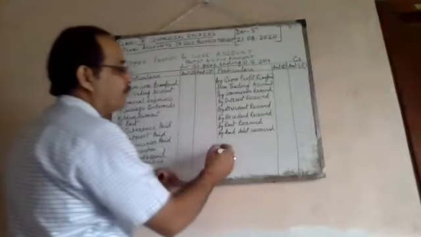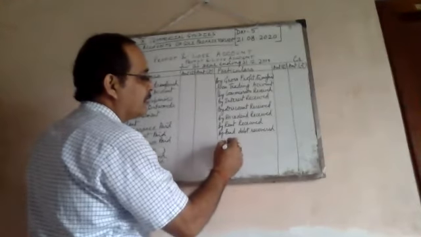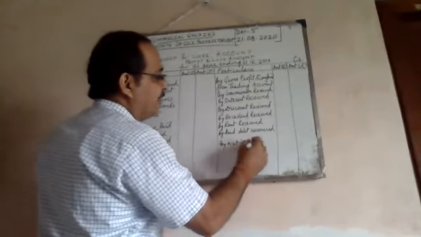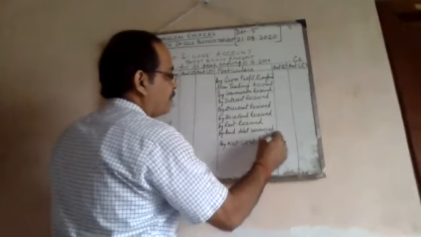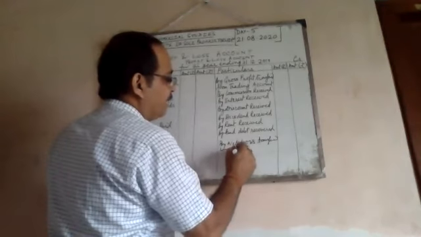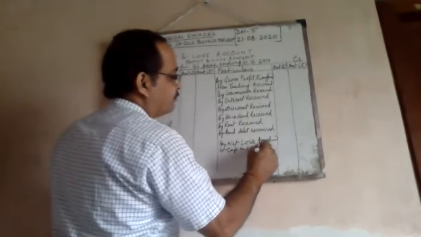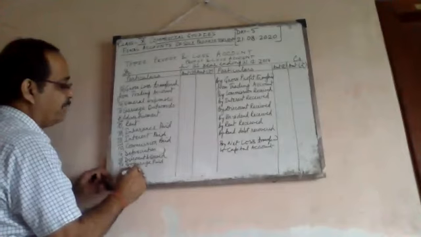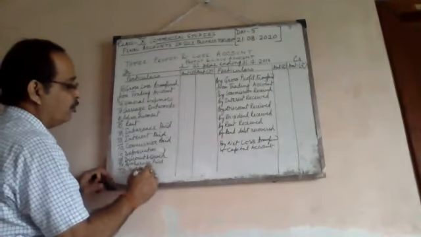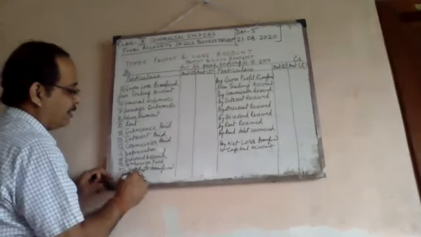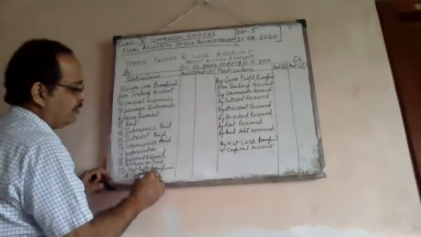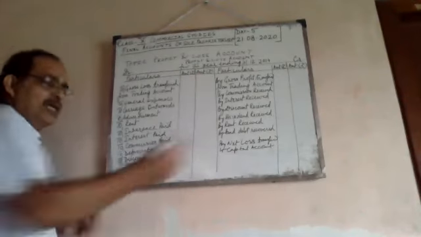Here we write: By net loss transferred to capital account. Or if it is a net profit, when income is greater than expenses, we write: To net profit transferred to capital account. Whatever is the case, they have to be transferred to the capital account.